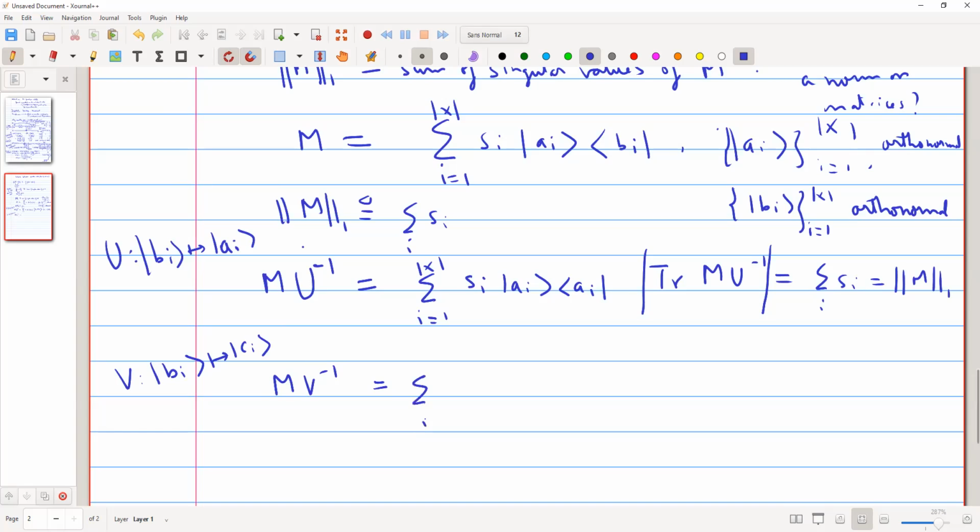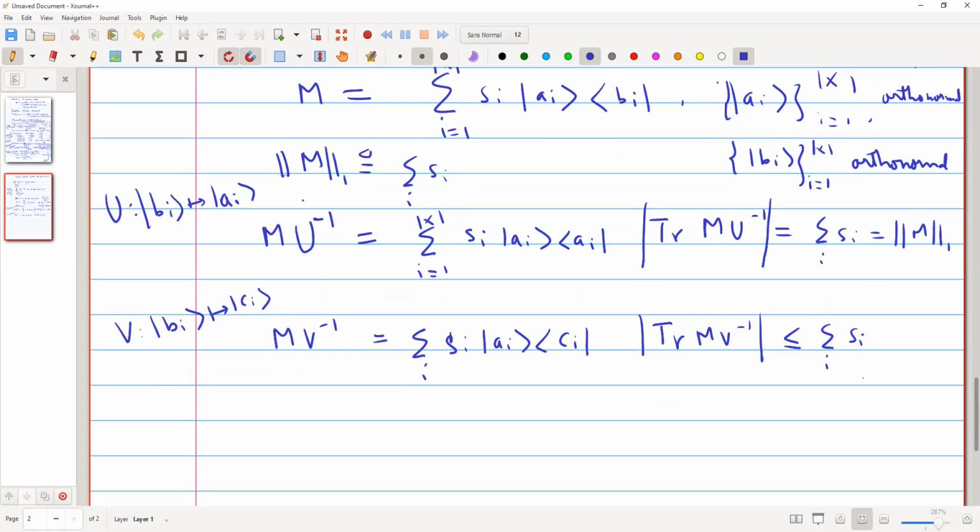So this will be the sum over i of s_i, A_i C_i. And now if I look at the absolute value of the trace of M V inverse, you can check that it is less than or equal to the sum over i of s_i.